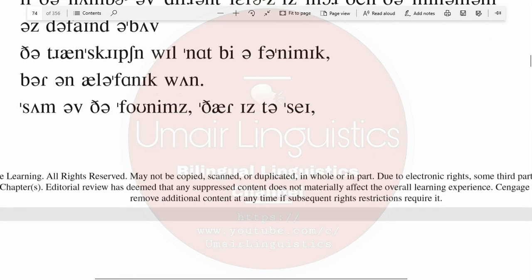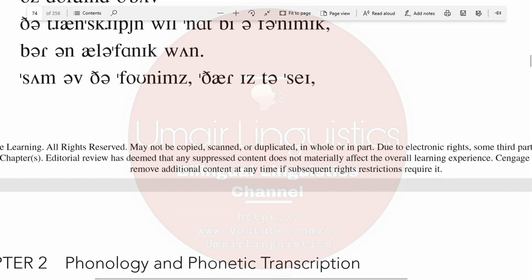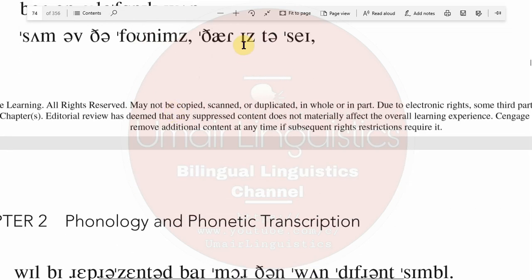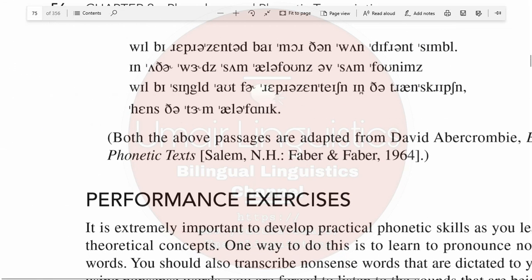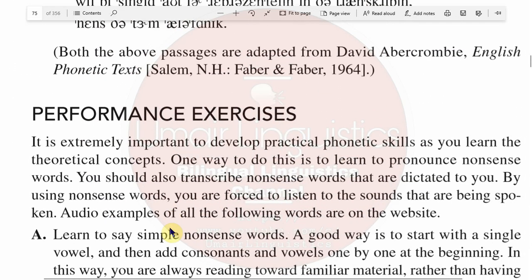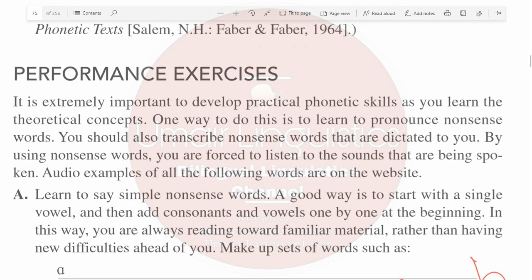Some of the phonemes, that is to say, will be represented by more than one different symbol. In other words, some allophones of some phonemes will be singled out for representation in the transcription, hence the term allophonic. All right. Then after these homework exercises, we have some performance exercises.